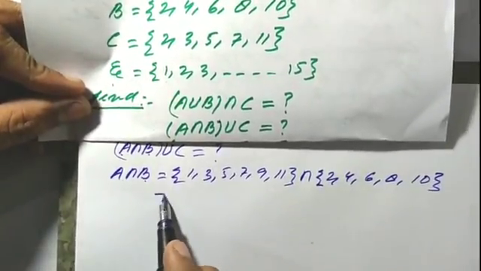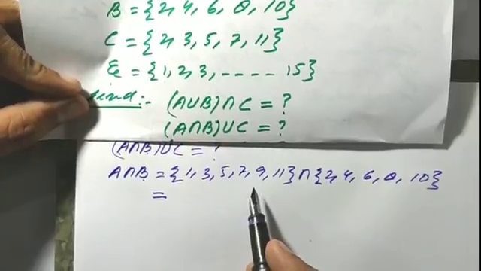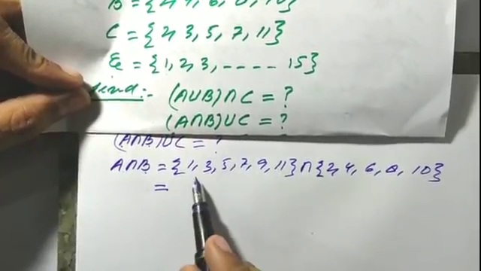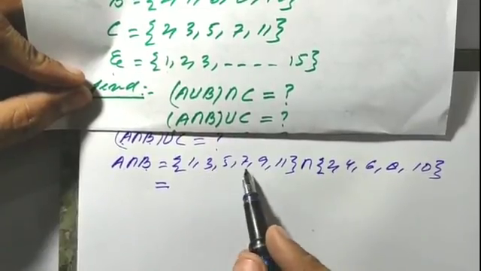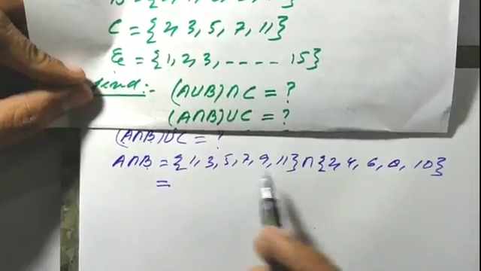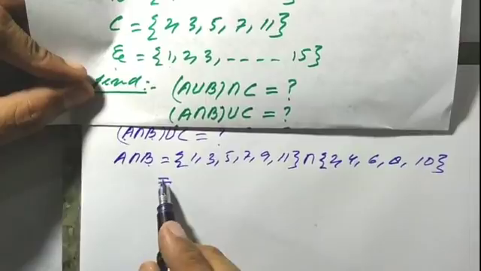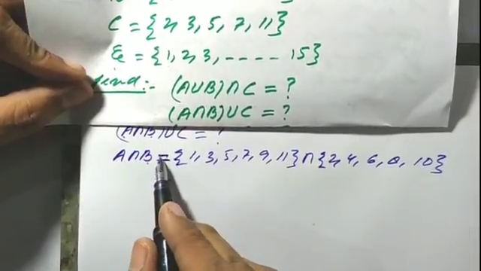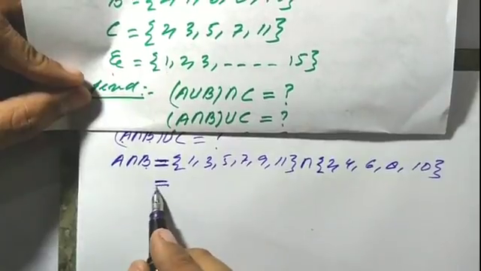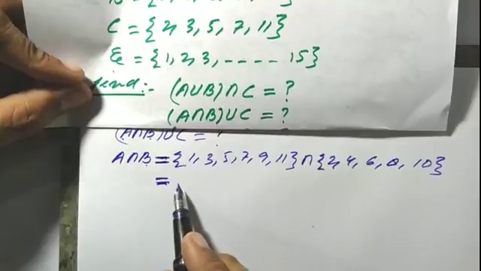As you see, no odd number can be an even number and vice versa. So there may not be any common element between these two sets. These two sets are disjoint sets. The sets which do not have any common element are said to be disjoint sets with respect to each other.